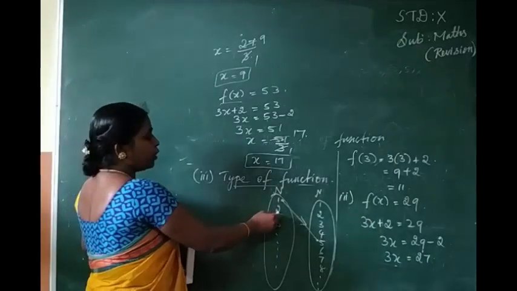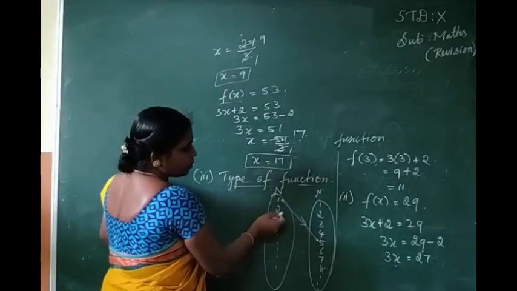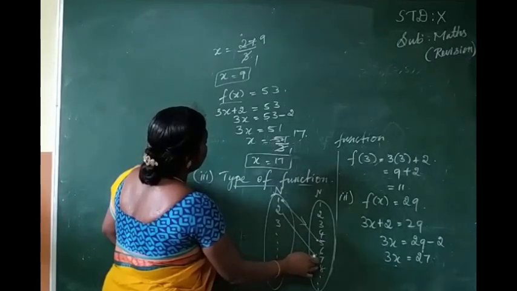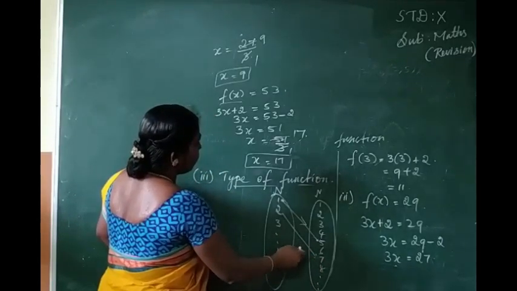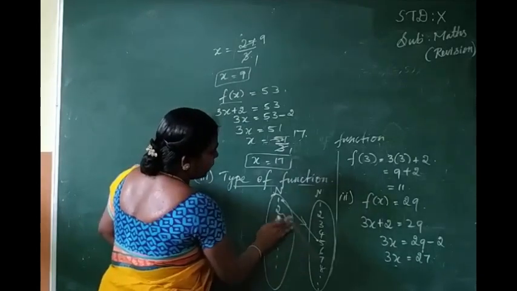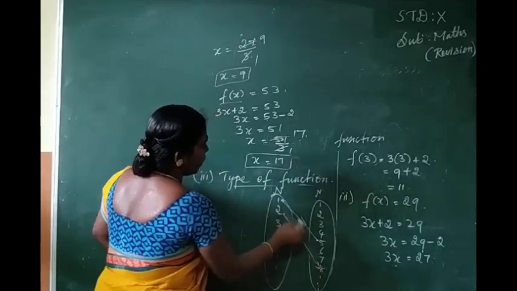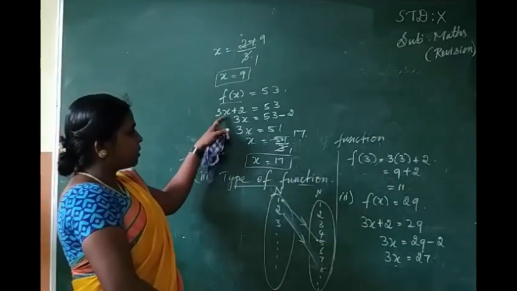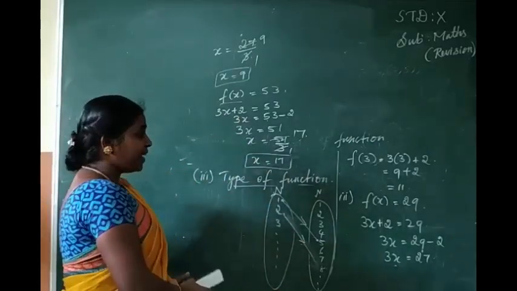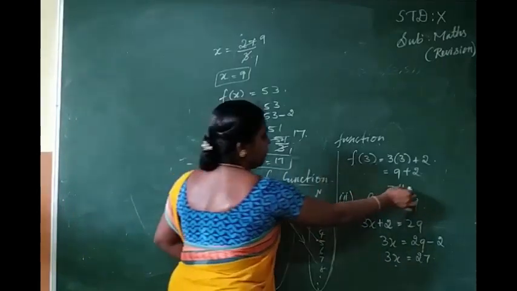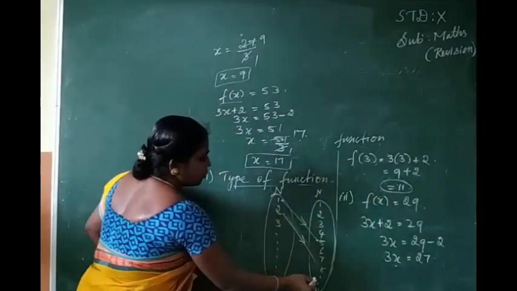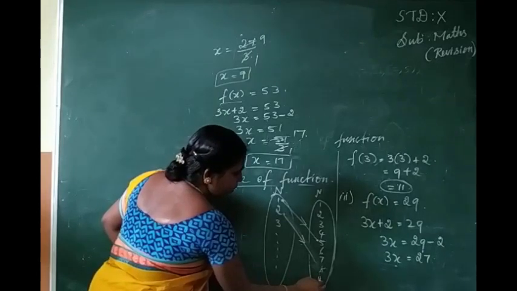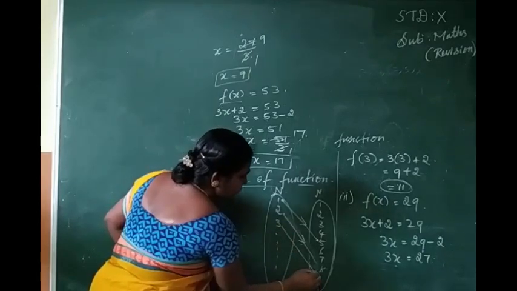Next, when x equal to 2, we got 8. 3 2s are 6, 6 plus 2 is 8. Next, when x equal to 3, that value is here, 11. So 11 is also here. So 8, 9, 10, etc. Okay, 11, etc. All the elements are there.